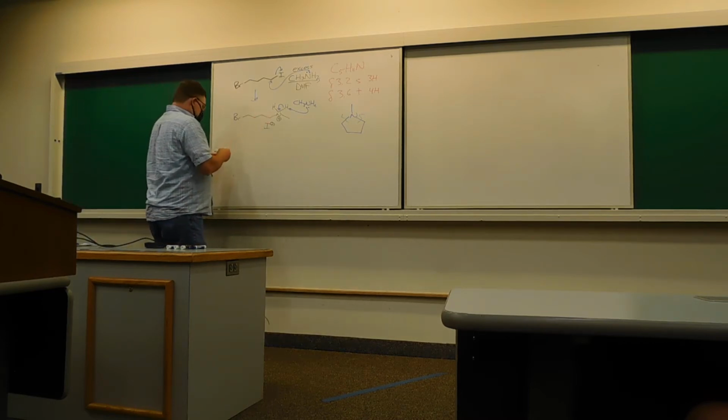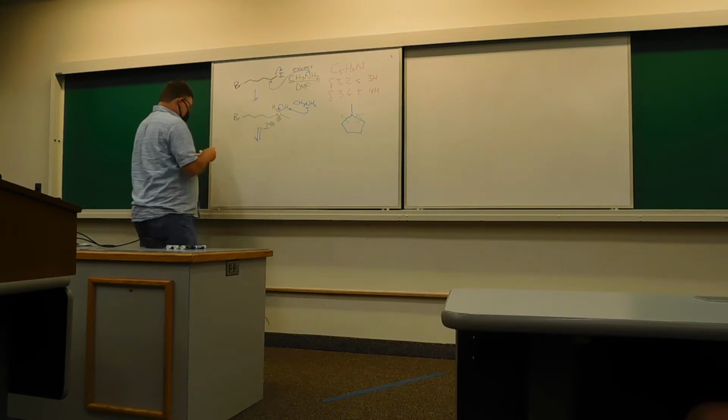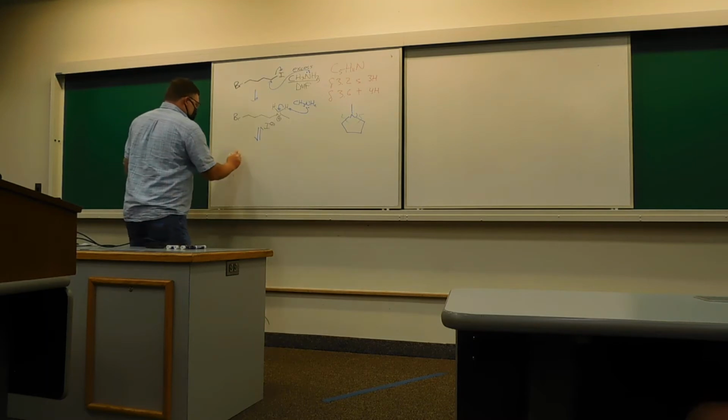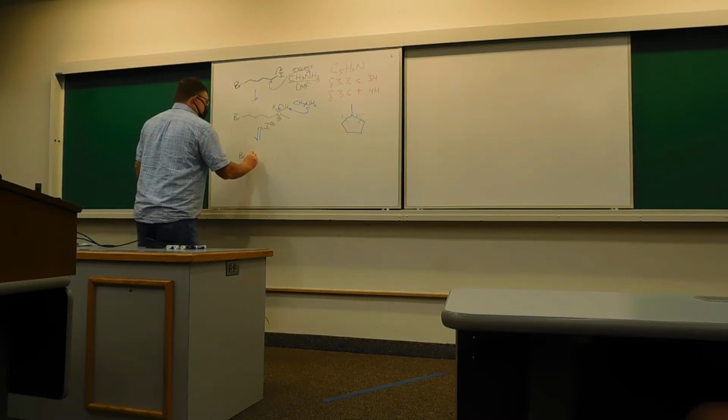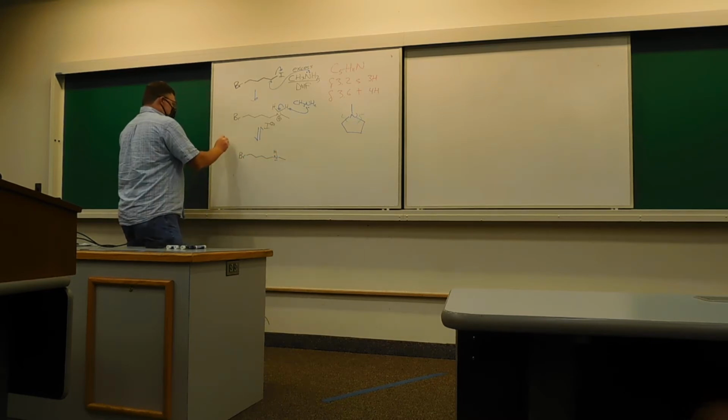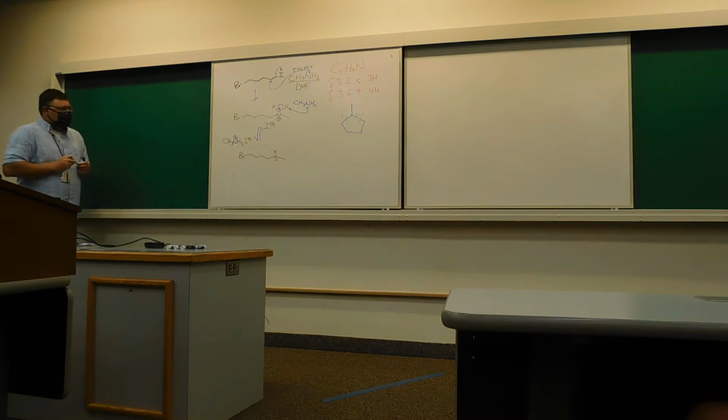Okay, so this is going to give us, this is properly at an equilibrium now. And we get bromide minus, so we got that floating around.